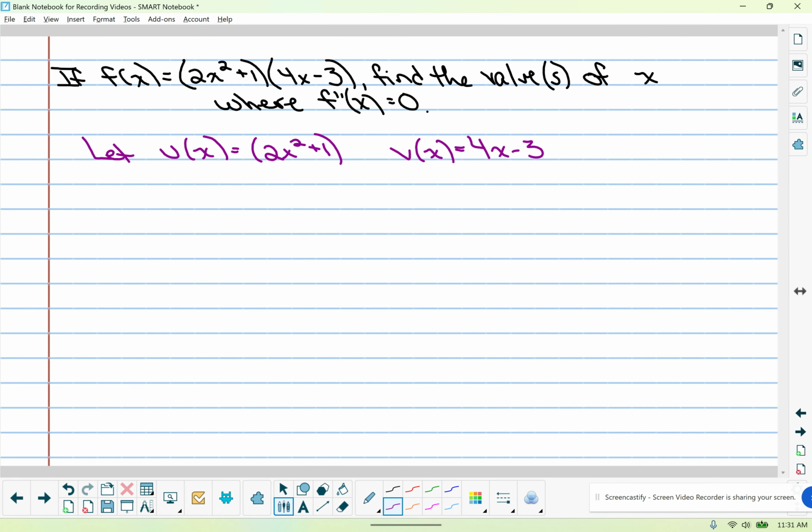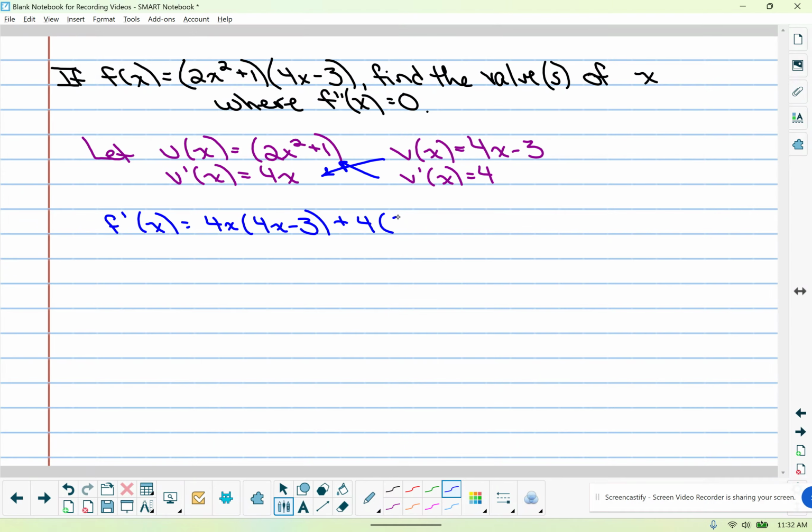I guess those parentheses aren't really necessary over here. And then u prime of x is going to be 4x, and v prime of x is going to be 4. And then f prime is going to be, we're going to multiply these two together, 4x times 4x minus 3, plus these two, 4 times 2x squared plus 1.